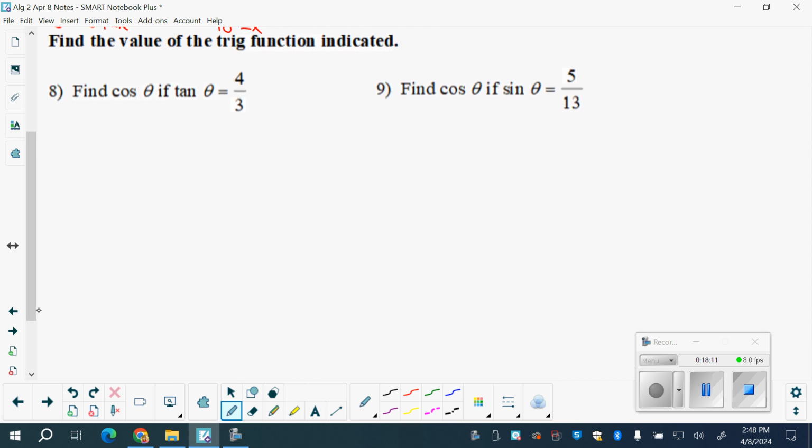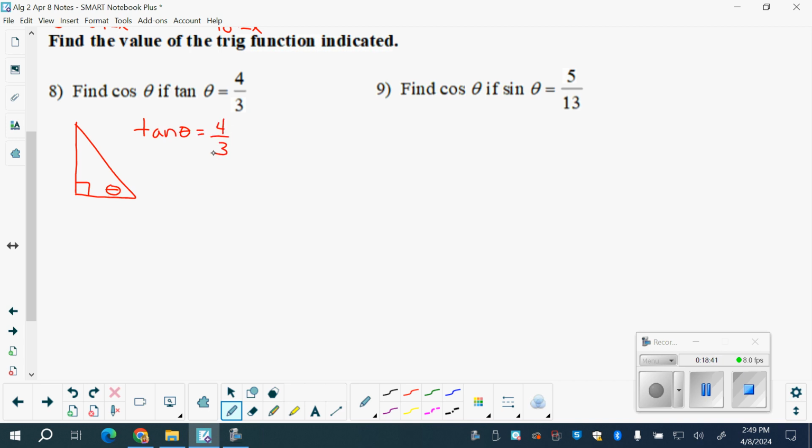So how might we start on this one? This is a harder one. Draw a triangle. What kind of triangle? A right triangle. So the next thing you're going to do is label your theta. It doesn't matter which angle is the theta. Once you write it down, it does matter. Okay, so we are given that tan theta is 4/3.